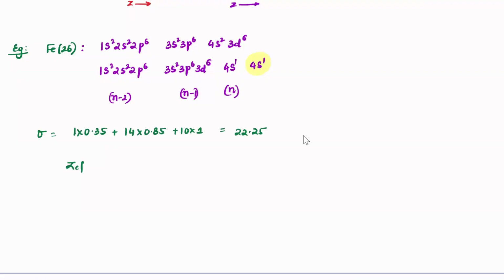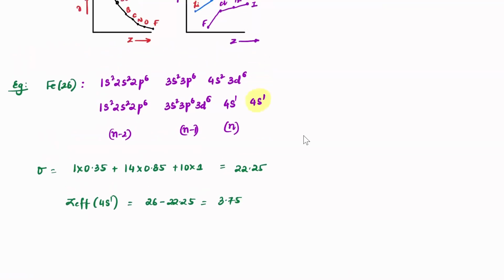So you can see Z effective value in this case for the 4s1 electron is found to be 26 minus 22.25, which is coming out to be 3.75. So you can see which is very similar to that of carbon. This is the Z effective observed on the last electron here.